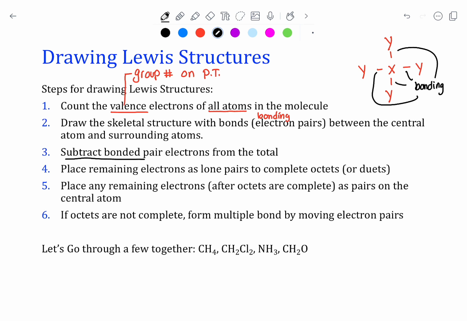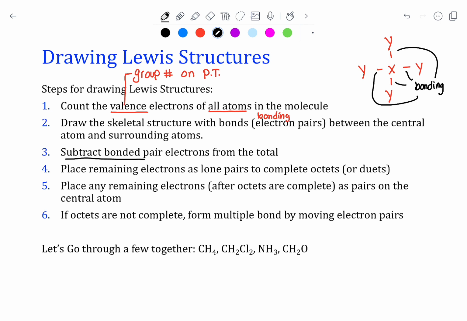So we think of the electrons going into one big pot, and then we're essentially distributing them evenly throughout the entire molecule because those electrons are being shared. And we're distributing them first as bonds, and then what we'll see is we're then going to distribute the rest as lone pairs.